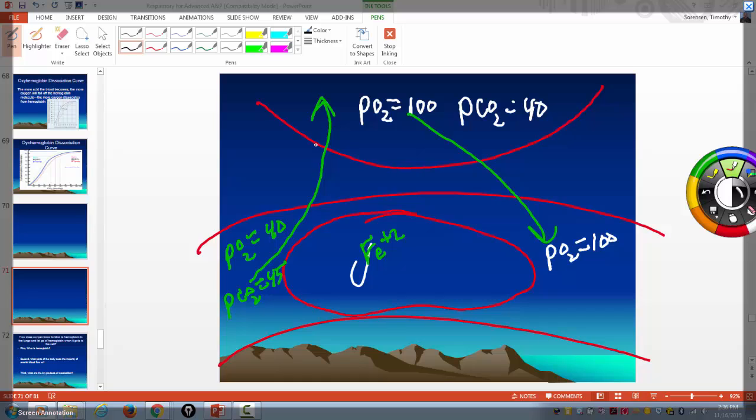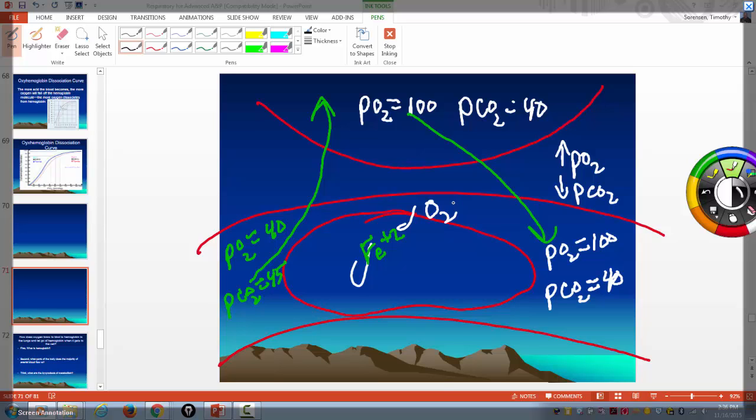And because PCO2 is leaving, the PCO2 of that newly oxygenated blood is 40. So what are the conditions at the pulmonary capillary and the alveoli? There is high PO2 and low PCO2. And that's going to make oxygen want to bind to the iron on hemoglobin. And again, it's perfect.